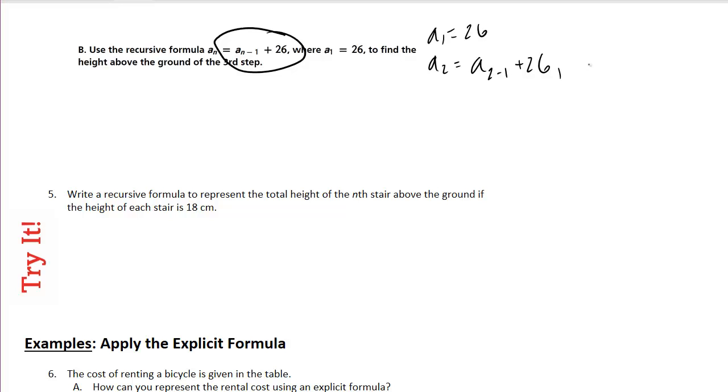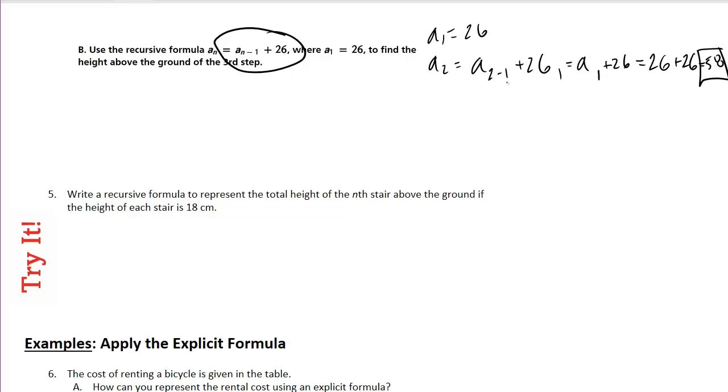And what is a sub 2 minus 1? Well, that's equal to a sub 1 plus 26. And what was a sub 1? Well, it was 26, so we just sub that in. So 26 plus 26 equals, it looks like 58.